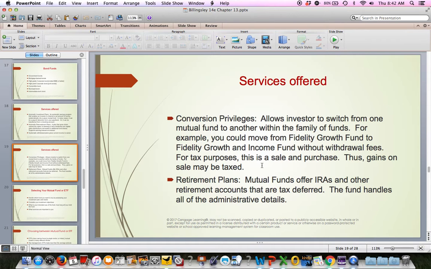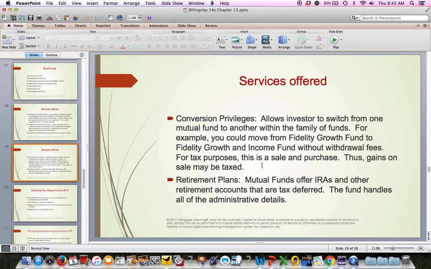But for tax purposes, that may generate a gain on a sale, because technically the IRS says that's a sale and a buy. Now the good news is the mutual fund company won't charge you fees, but the IRS will look at that for sure and see that there will potentially be a gain between the two. So you have to be careful about that.